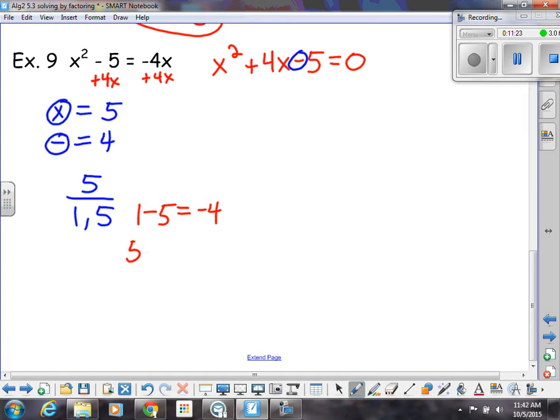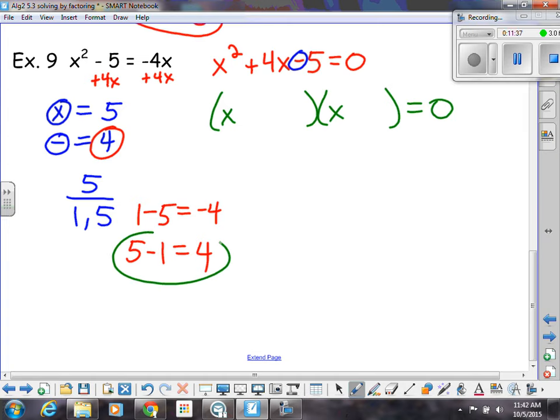I want to make sure I'm doing 5 minus 1 to give me positive 4, because this is a positive 4 in the middle. All right, so my factored form will look like, I want this one, not this one we said. So I want a positive 5, x plus 5, and minus 1 because of that.